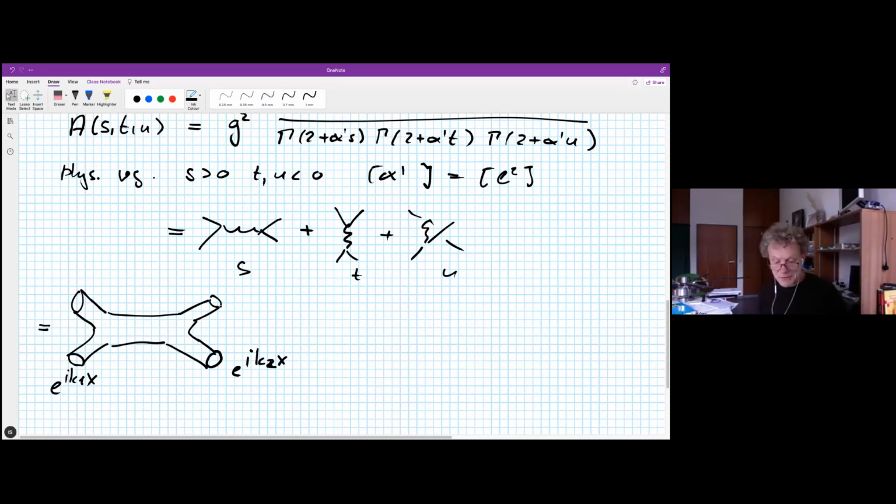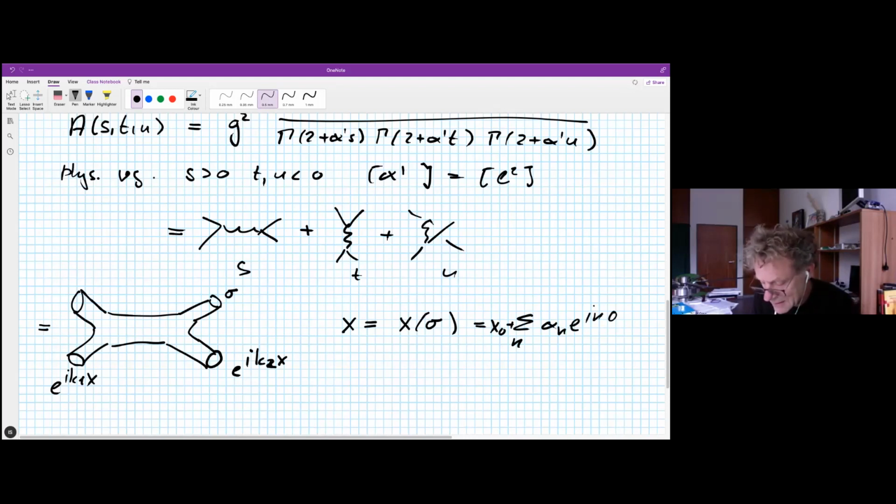parameterizing things, because what these circles can do is, I could say that my x can be written as a function of this extra variable sigma. And then I write it as x0 plus a sum over n of alpha n e to the i n sigma.